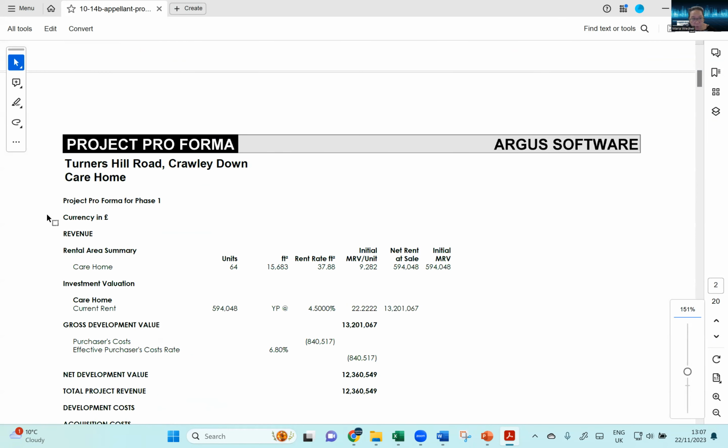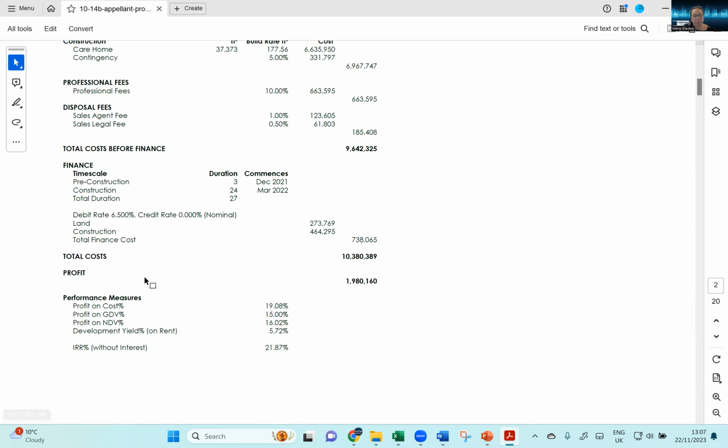So when we're doing a development appraisal, the idea is always to calculate these performance measures. Normally there's going to be a target performance. It can either be a profit on cost, a profit on GDV, a profit on NDV, development yield, or the IRR without interest.